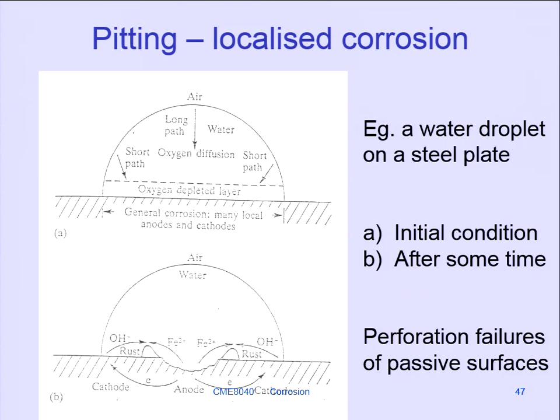You get oxygen reduction at the cathode, which we talked about before. So oxygen reacts with water and electrons to produce hydroxide ions. I have to know there's 4 of them, so there must be 2 of these.